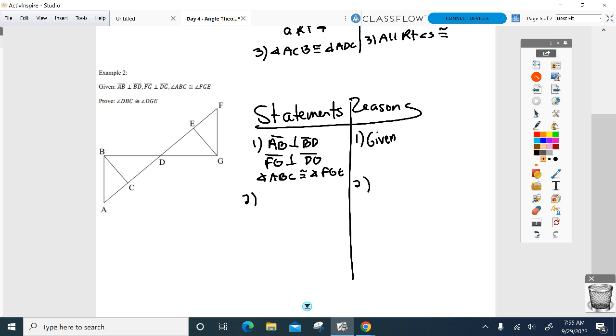You got some perpendicular lines, and you have a pair of congruent angles.